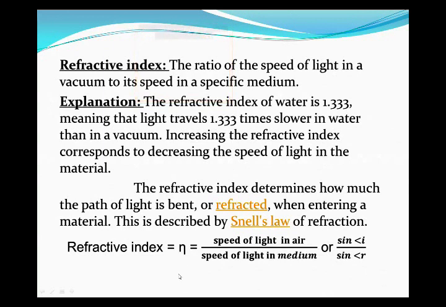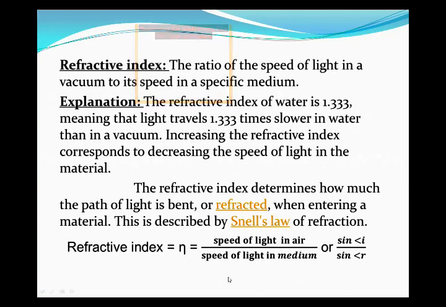I hope, students, you understand the refractive index by these formulae. Now we are going to solve the numericals. Keep these two formulas in mind so that you can solve the numericals very easily.